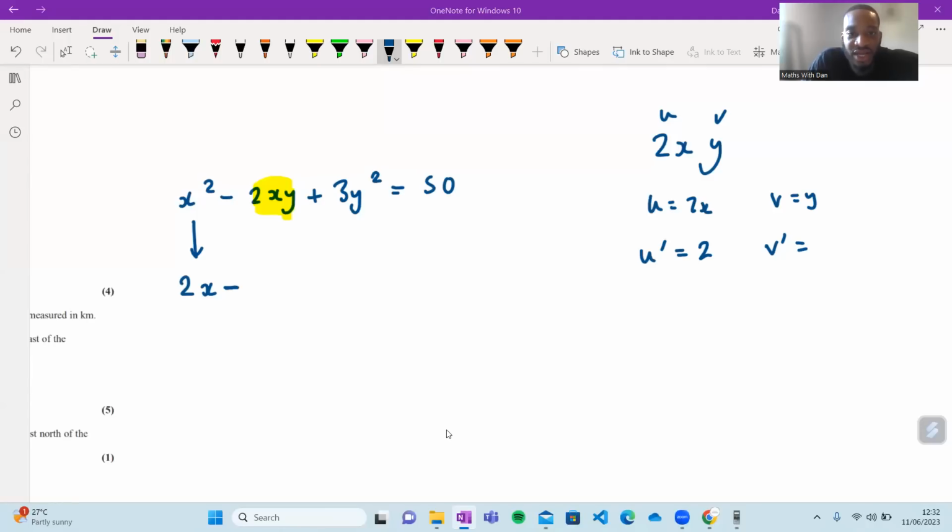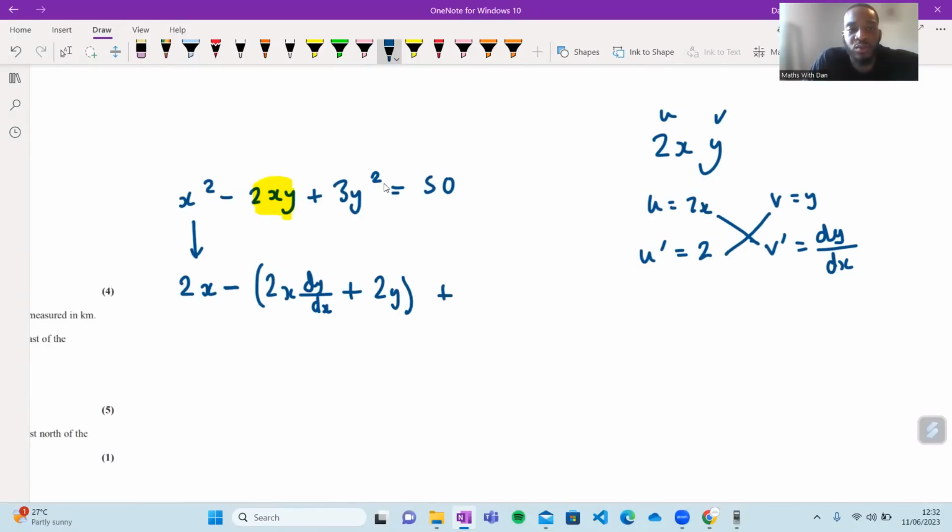Exactly, dy/dx. We're differentiating a function of y with respect to x, right? We need to use the chain rule, which is why it's dy/dx. So therefore, it's just going to be v u dash plus u v dash, isn't it? Doesn't matter which way you do it, because it's plus. u v dash is going to be 2x dy/dx, and then plus these two, 2y.